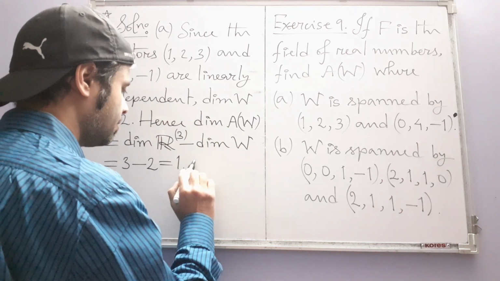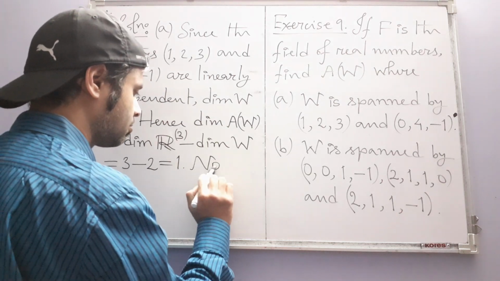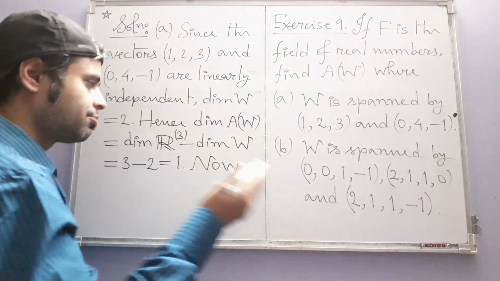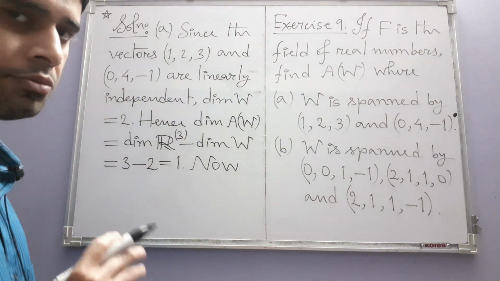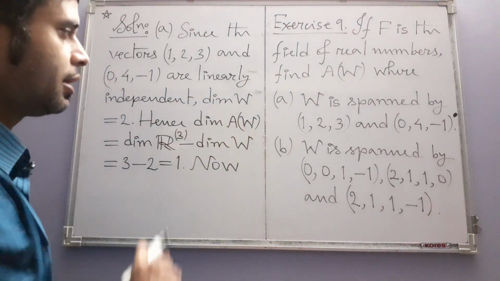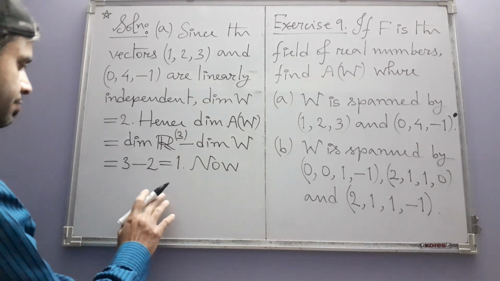Okay. Now, but how to find such a linear functional that will be in the annihilator of W?